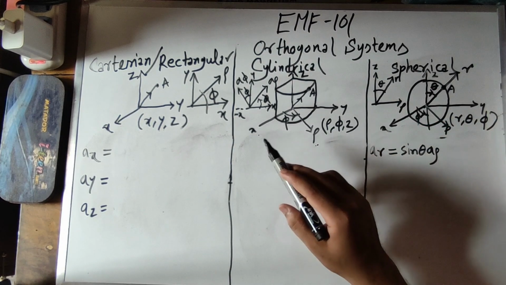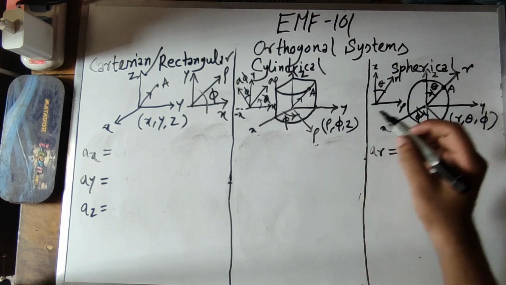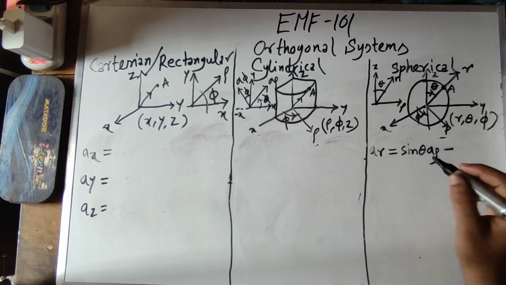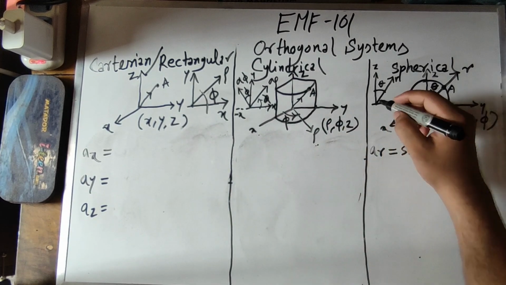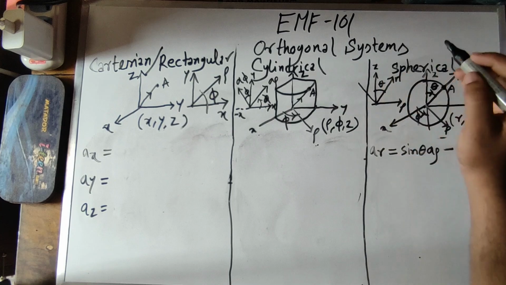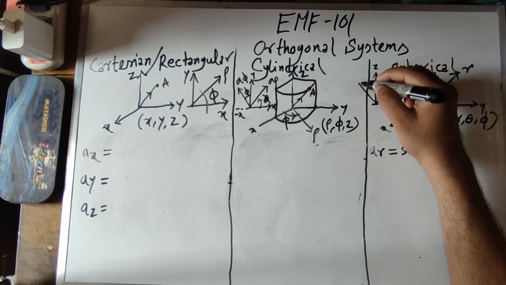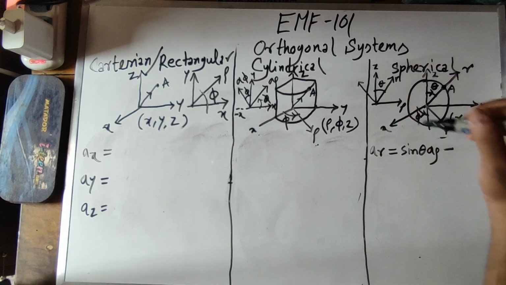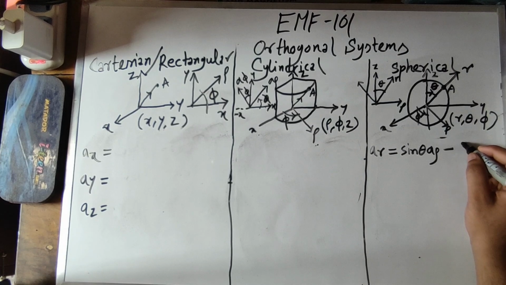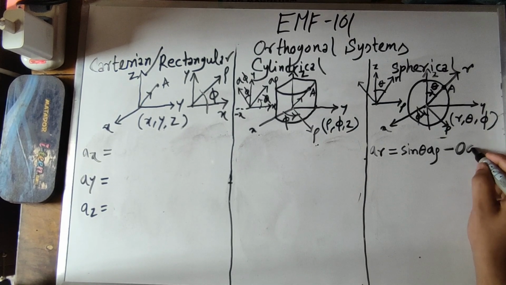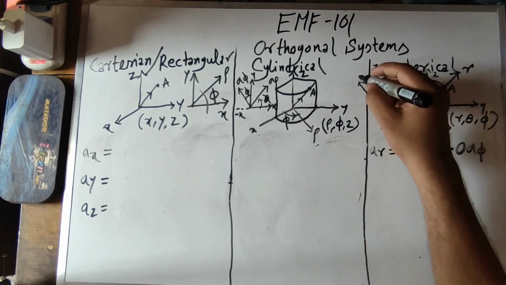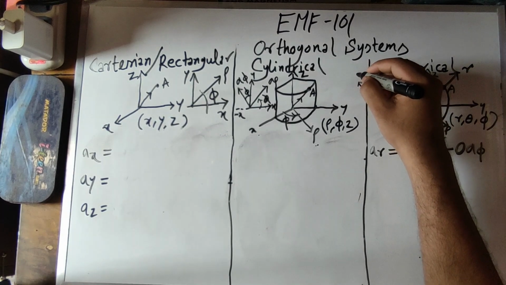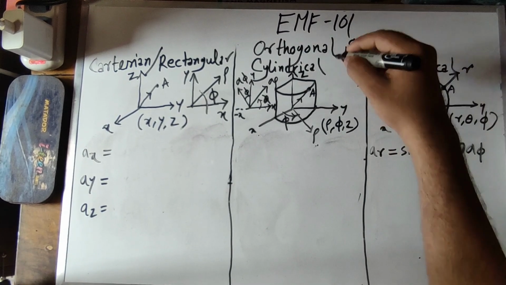And for phi, phi is in this direction, we can see that r is perpendicular to phi, so it has no component in the phi direction, 0 a phi. We can see that it is 90 degrees.